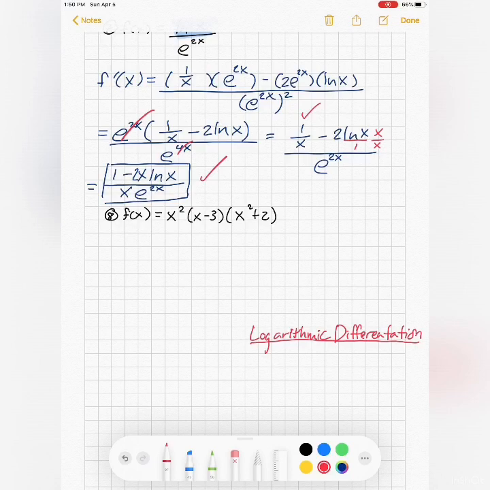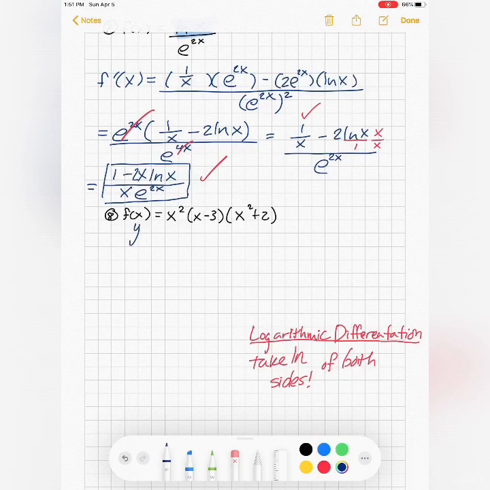But what if I take the log of both sides? When I say log, I'm thinking specifically of the natural log. Take the natural log of both sides.